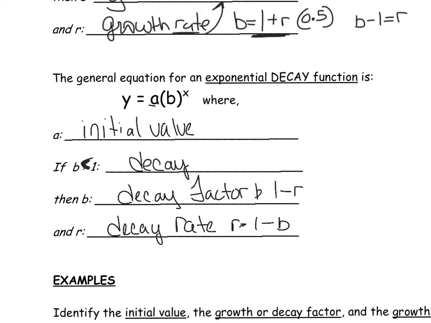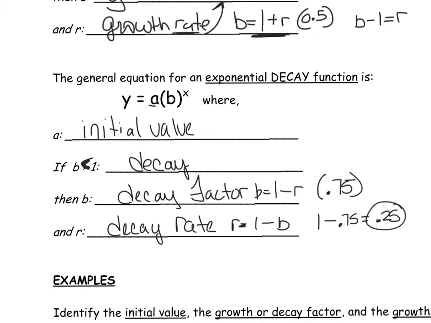So b equals 1 minus your rate, which means that your rate is 1 minus b. Let's say that I've got a factor of 0.75. My rate is going to be 1 minus 0.75, or 0.25.